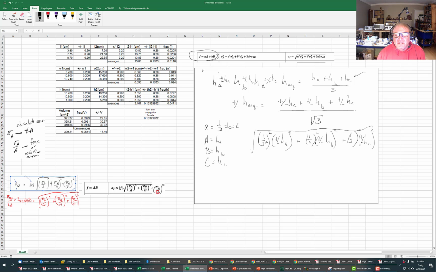And you see how because a equals b equals c, I can pull that out. So it just becomes 1/3 times the square root of these guys. And I'm just going to use shorthand, sigma a squared plus sigma b squared plus sigma c squared.